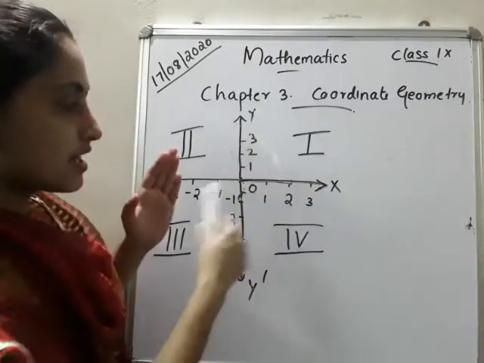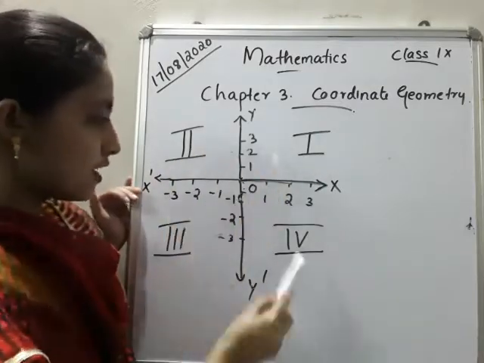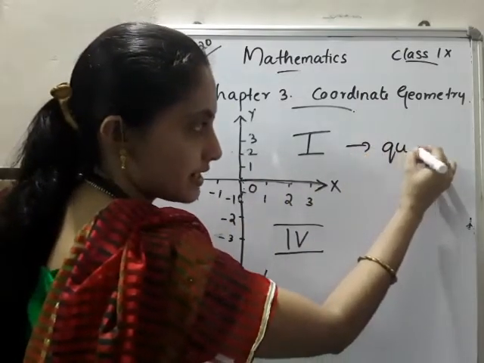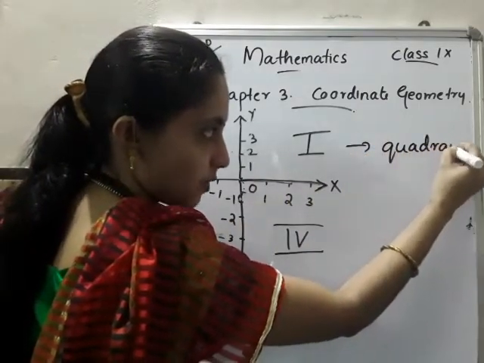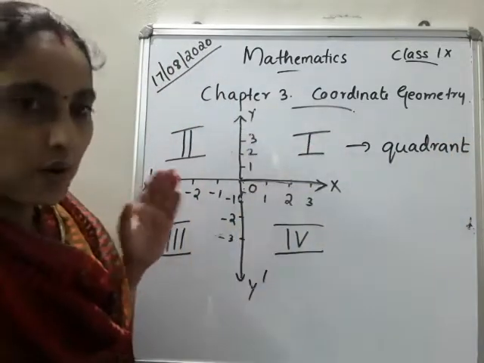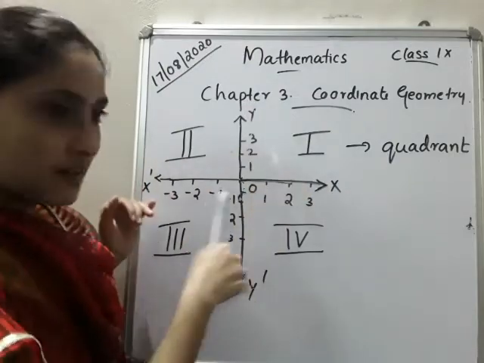Okay, I already divided this into 4 parts. And each part is called what? A quadrant. Quadrant means 1/4 of the plane, because we divide it into 4 equal parts.